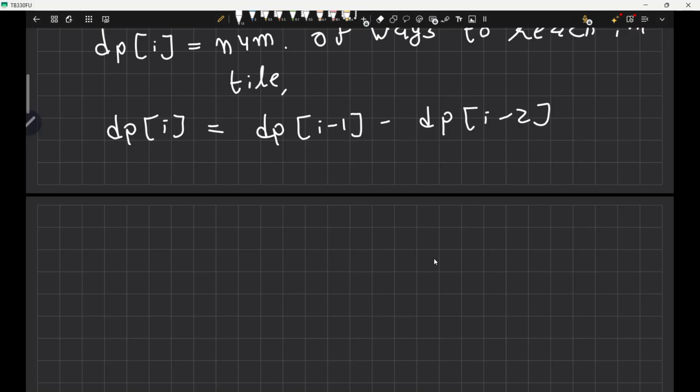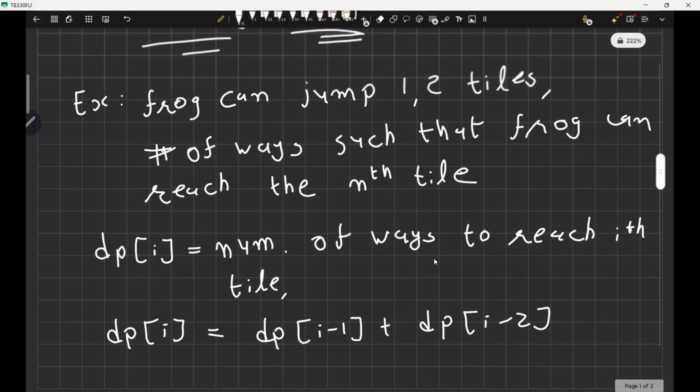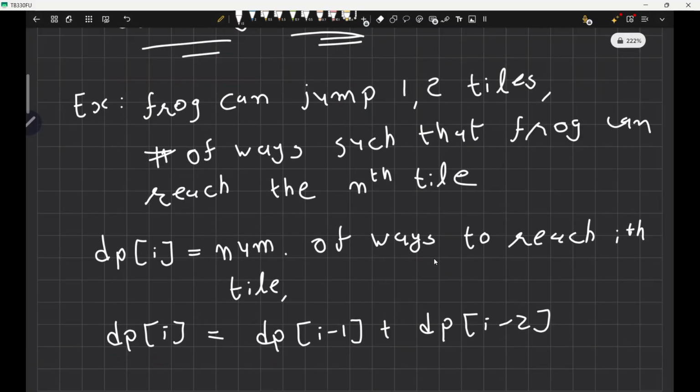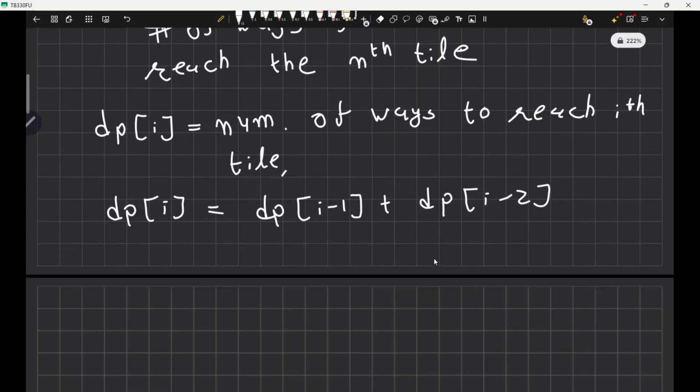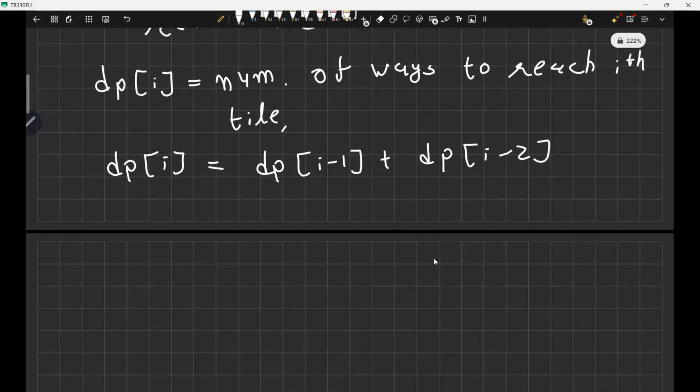Now let's say, what if our frog can jump 1 tile, 2 tiles, and 3 tiles also? What if our frog can jump in these 3 ways, 1, 2, or 3? Now we just have to add dp of i minus 3. That's it.